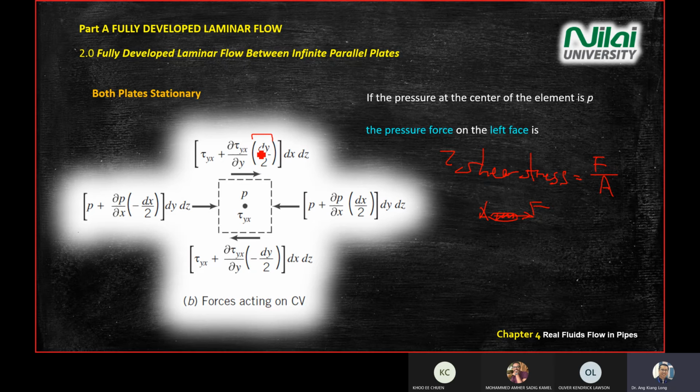On the top you get positive dy. At the bottom you get negative. Do you understand? Oliver and Almir? Yes, sir. So it's the same concept like just now. Now you change to y direction, y distance. And this one del y times this one is the change of the stress.